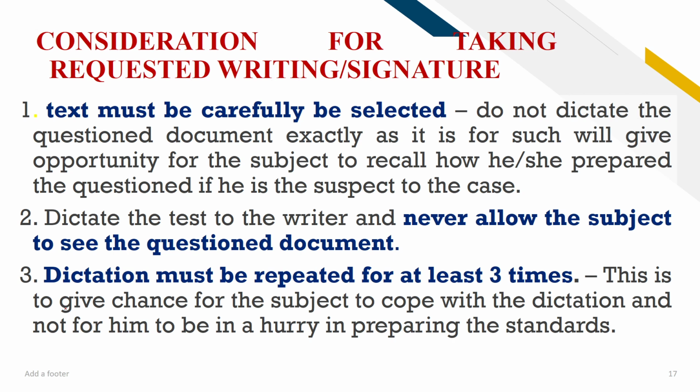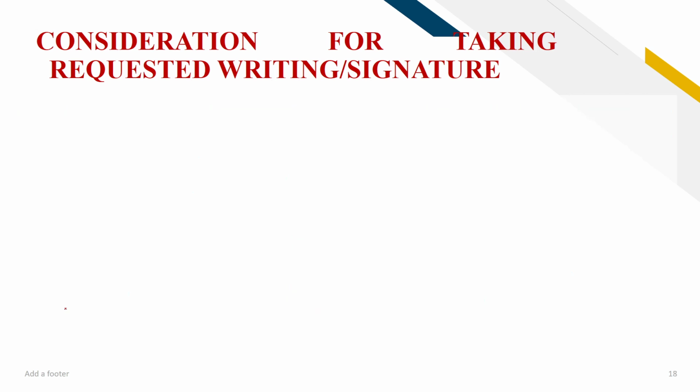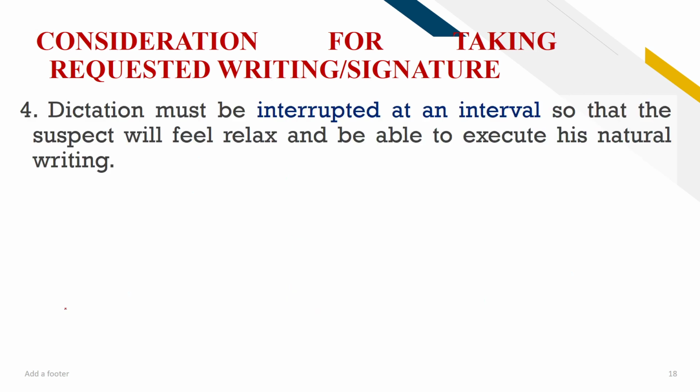Okay? So you have to make him relax so that even though the suspect is trying to disguise the writing, the writing characteristics will little by little revert back to normal. Okay? Another one, dictation must be interrupted.